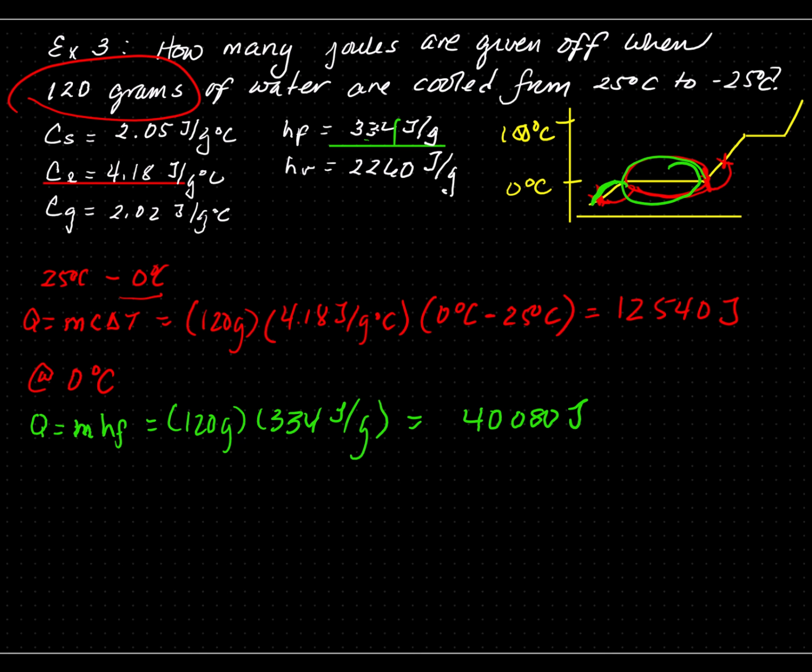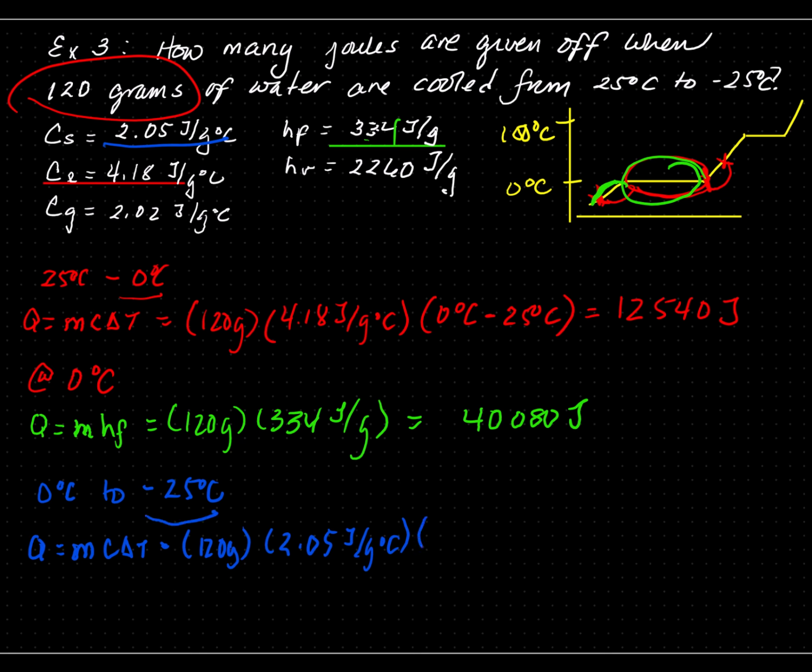We are starting at 0 degrees Celsius, and we are going to negative 25 degrees Celsius. So this is going to be Q is equal to MC delta T because there is a temperature change. My mass is still 120 grams. However, this is a solid, so the constant I'm going to use is 2.05 joules per gram degrees Celsius. It is T final minus initial.